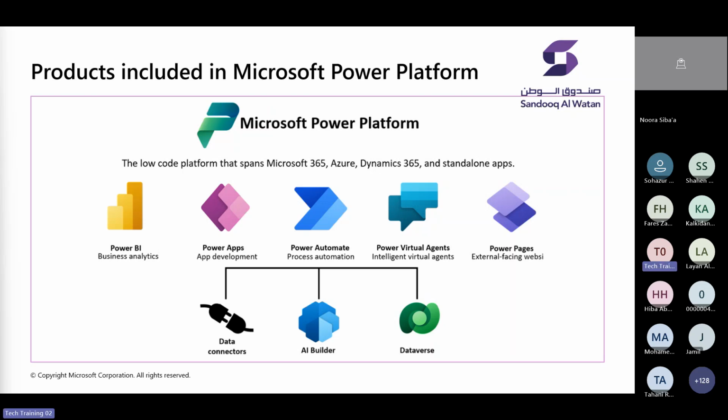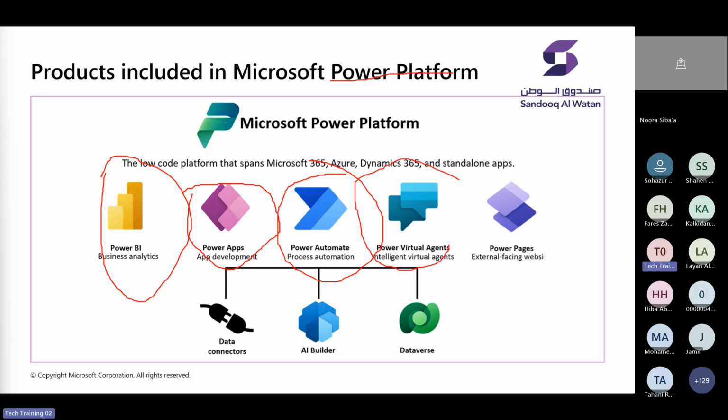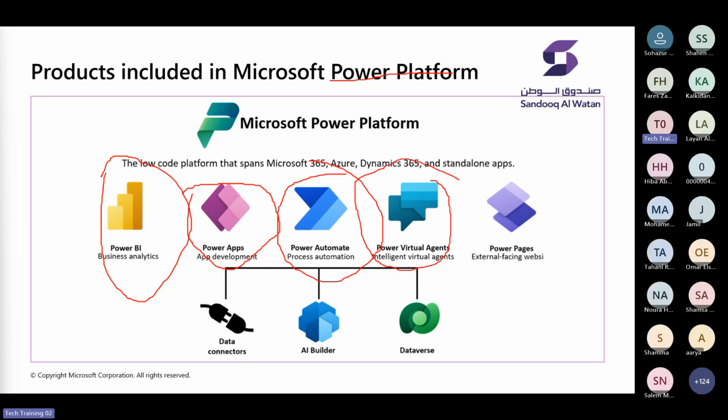The Power Platform gives first the Power App, and under the Power Platform, the Power Automate, the Power BI, the chatbot or virtual bot, which in the new update is called Copilot Studio, and the Power Pages.